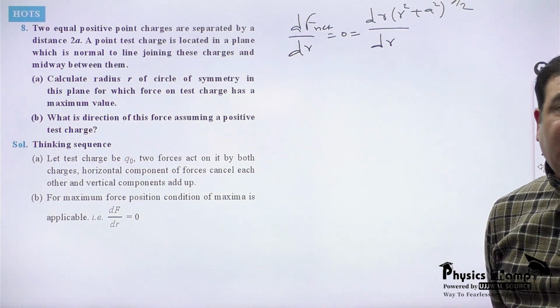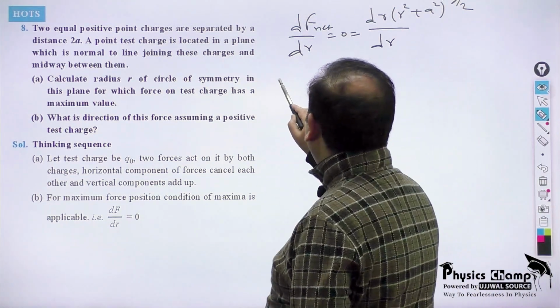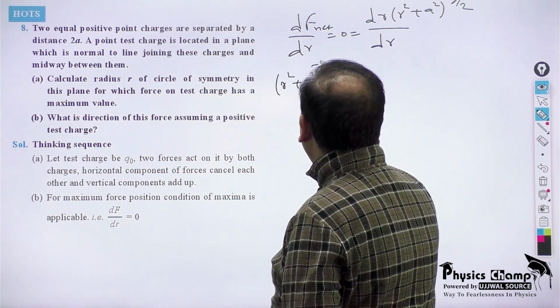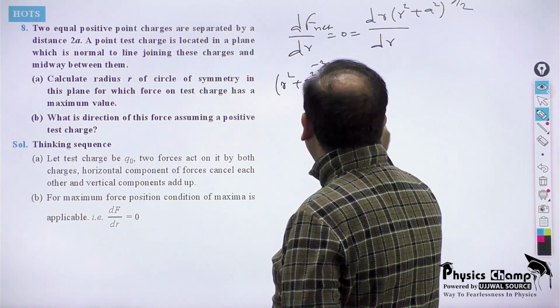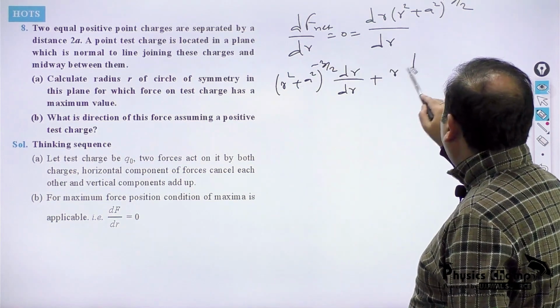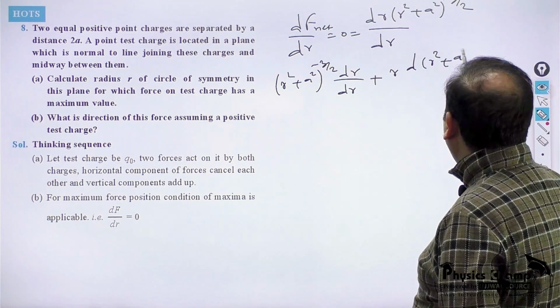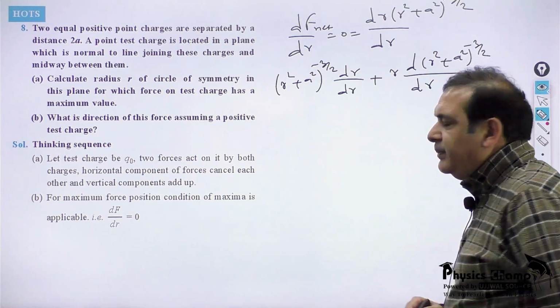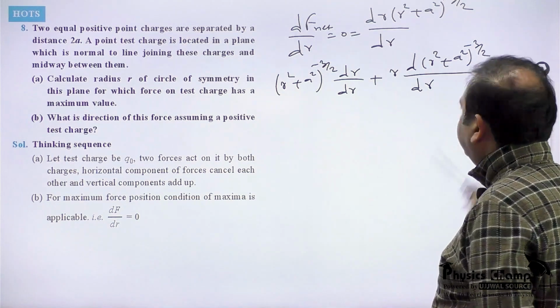Now how to differentiate it? On one side you can say (r² + a²)^(-3/2) into dr/dr, and on the other side you can say r into d/dr of (r² + a²)^(-3/2), which should be 0.